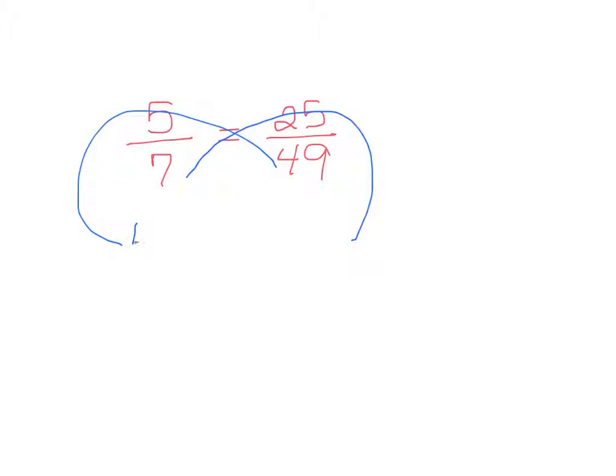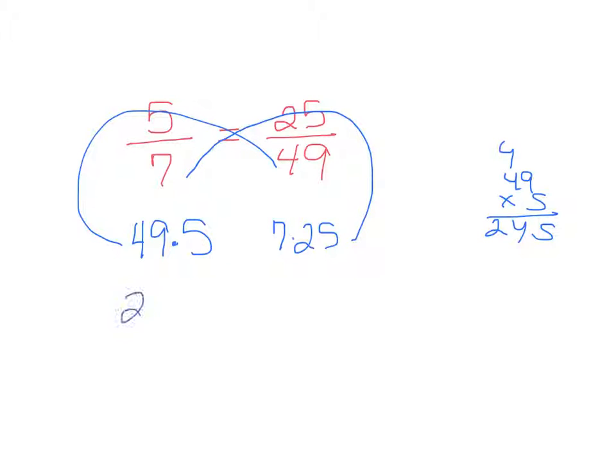I can figure out what 49 times 5 is, and I can figure out what 7 times 25 is. 49 times 5, if I multiply it out, I get 245. If I do the same thing with 25 times 7, I would end up with 175. Since these are not equal, this is not proportional.